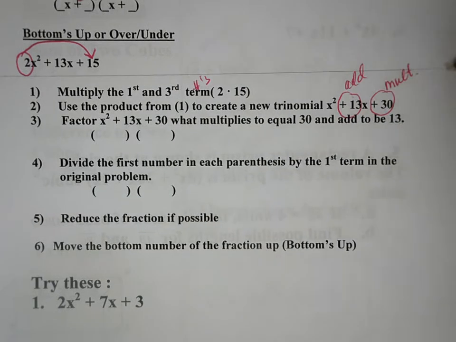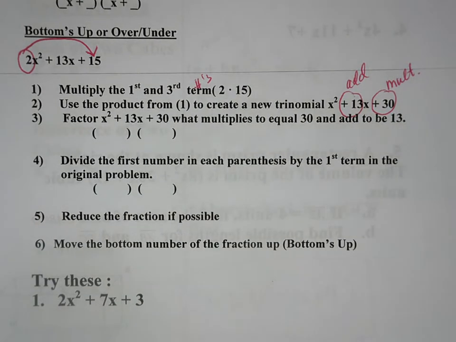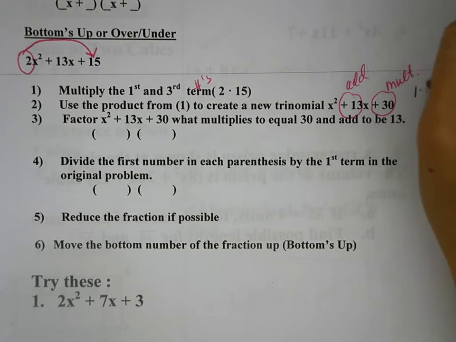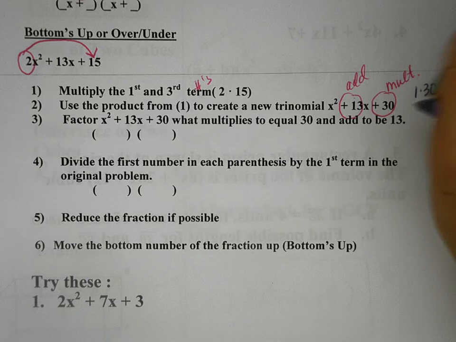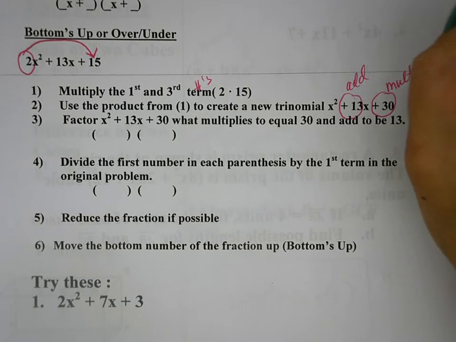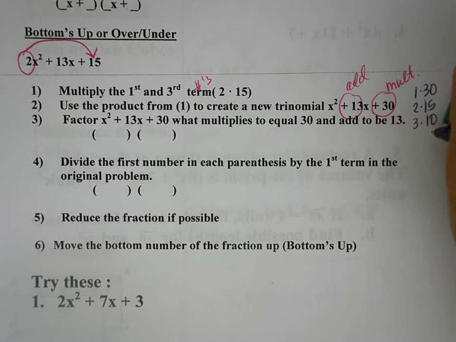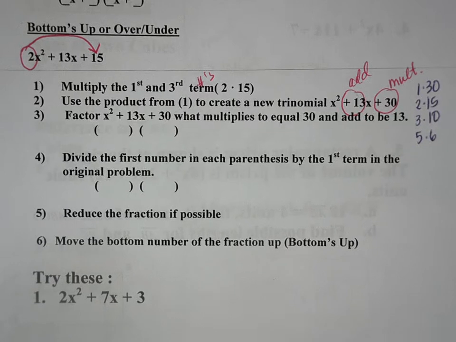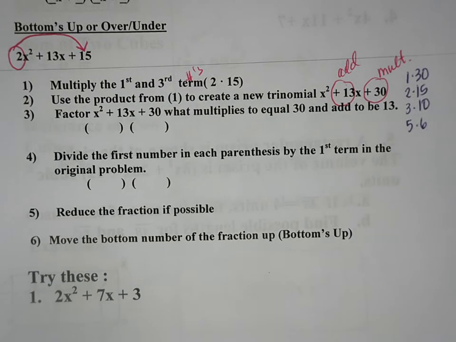If you always start with 1 and go through like 1, 2, 3, 4, you'll get all of the numbers that work. So in this case, 1 times 30 is 30. 2 times 15. 3 times 10. Can 4 times something work? 5? 5 times 6.